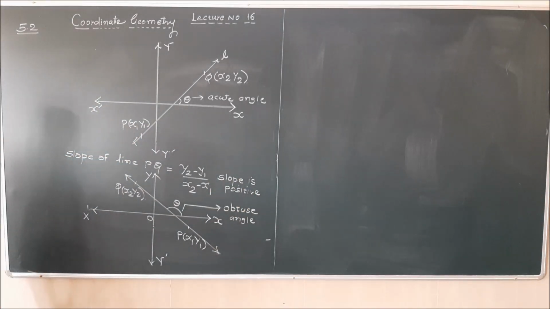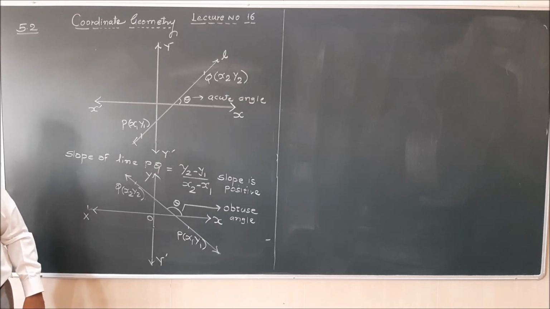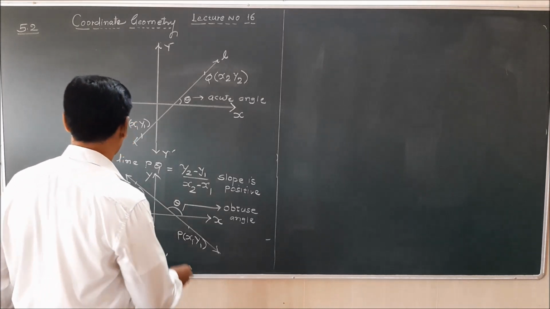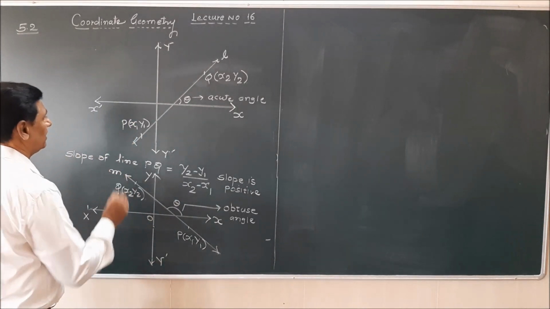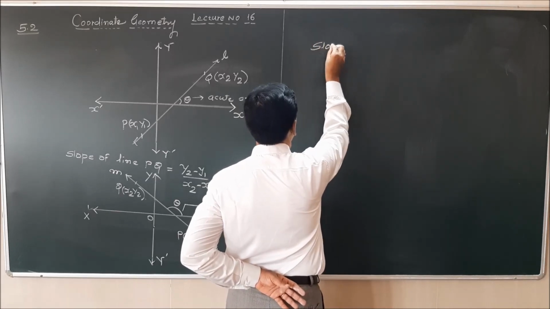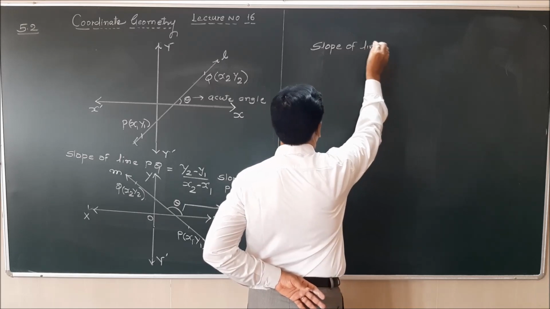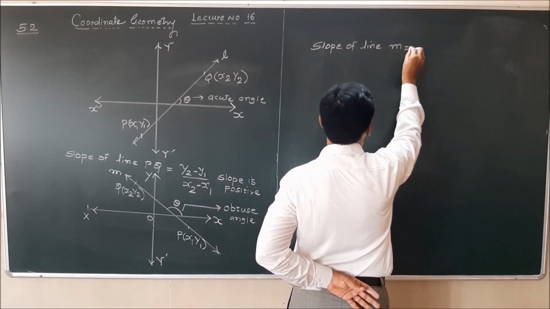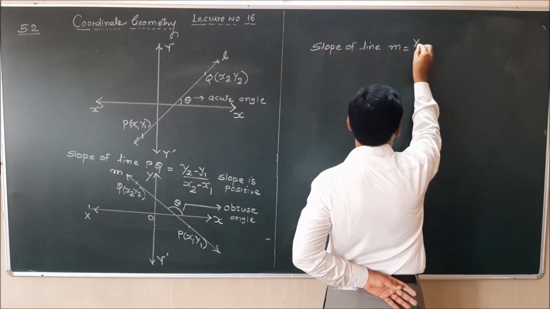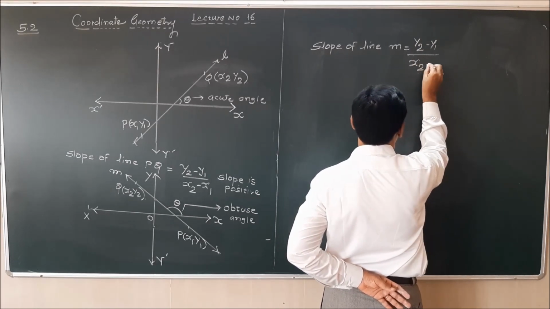Here it is an obtuse angle, therefore slope is negative. The formula is same. So slope, for example, if I call it n, slope of line n is equal to the same thing, y2 minus y1 upon x2 minus x1.